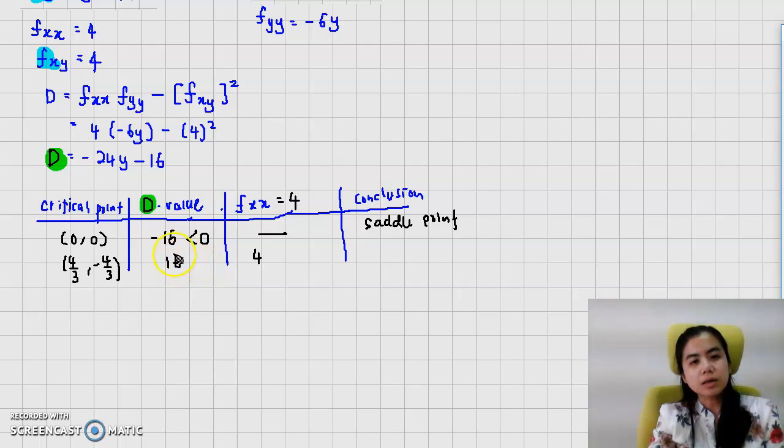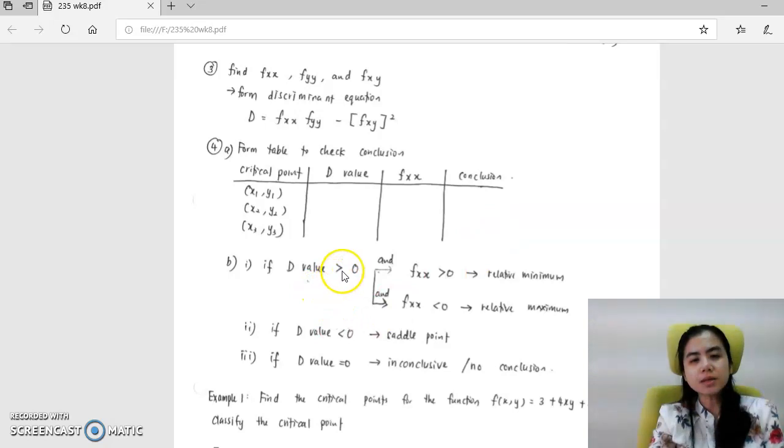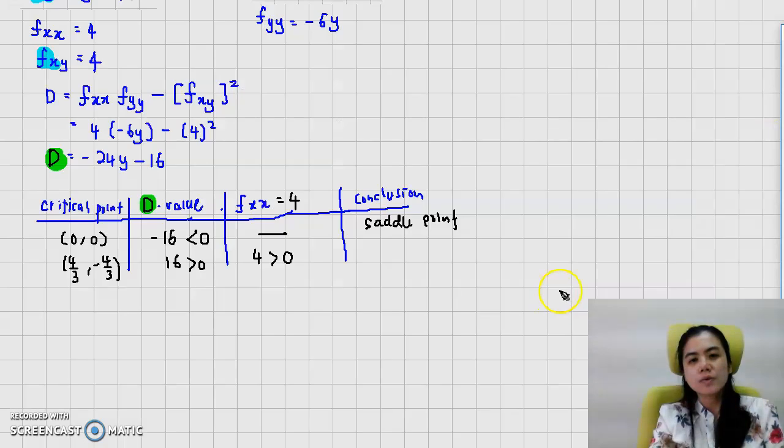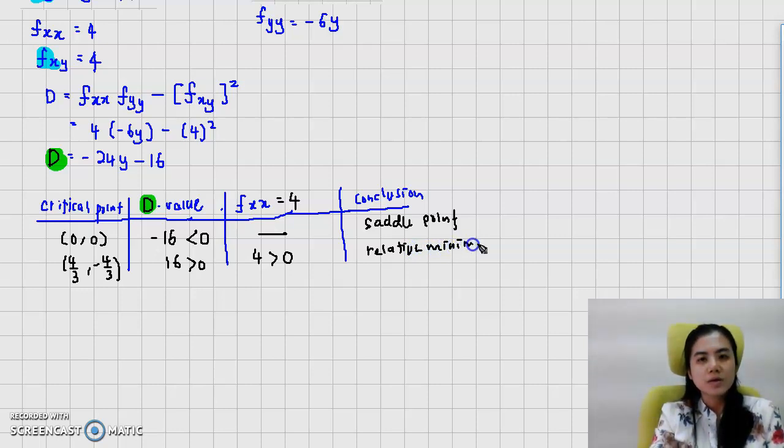And D value is greater than 0, then you're supposed to check fxx. And fxx is greater than 0. So basically you are in this category, D value greater than 0, fxx greater than 0. So the conclusion that you can get is relative minimum. So for this case, the conclusion that you should get is relative minimum. So this is the answer for the first example.